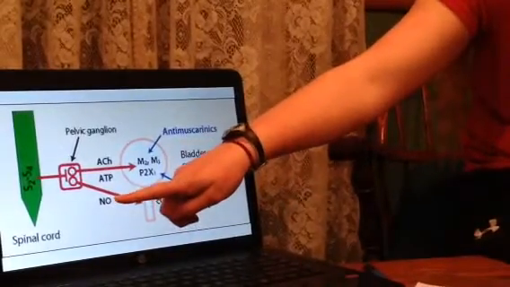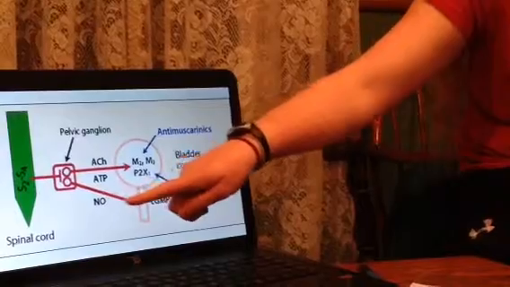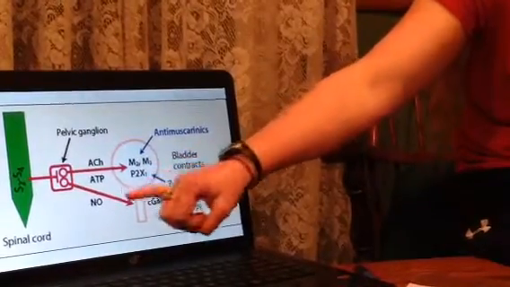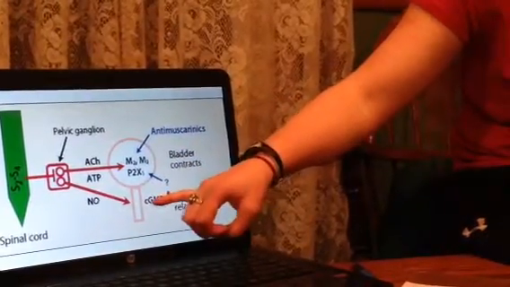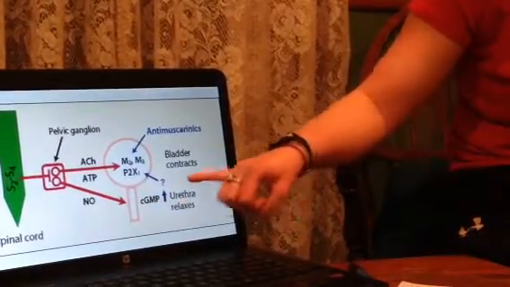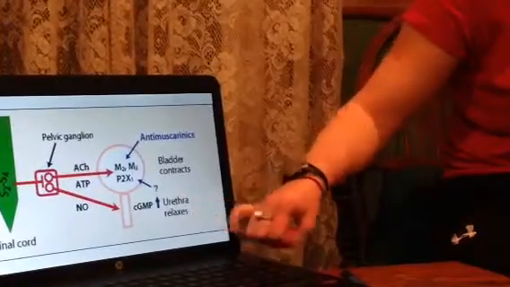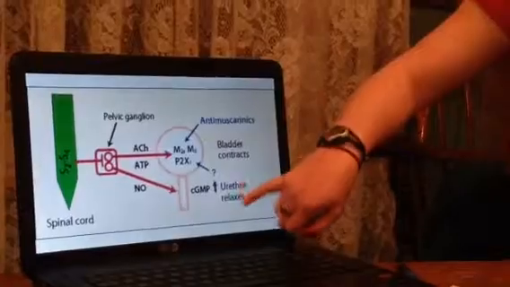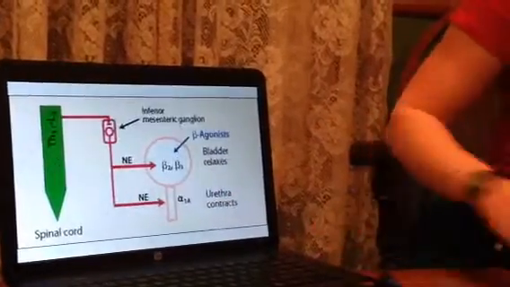And this is the nitric oxide, which also acts as an inhibitory and causes the cyclic GMP, which in turn causes the urethra to relax. So basically it's just saying that it comes from the spinal cord, and those things that excite make the bladder contract, and those that inhibit make things relax.